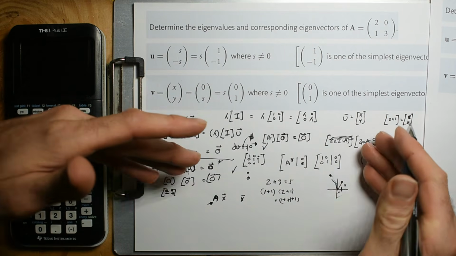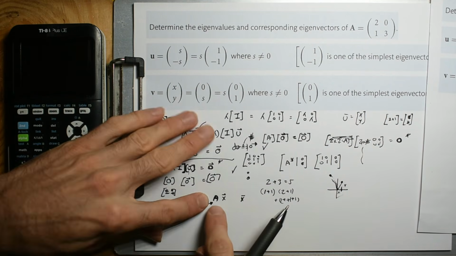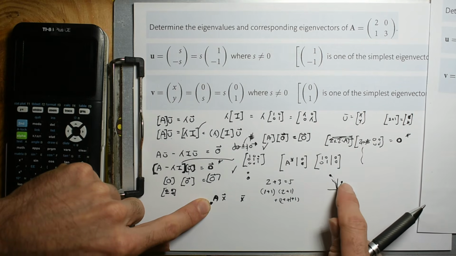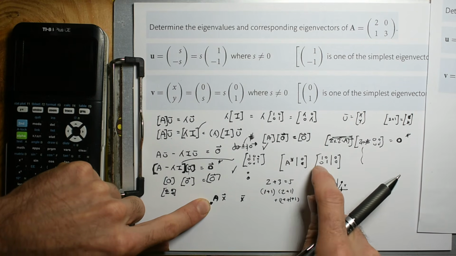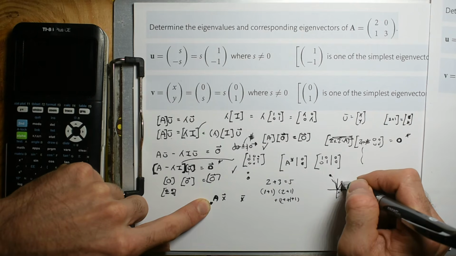If we have a matrix that's linearly independent, this will be a rotation and a change in length of that point, or it'll stay the same.